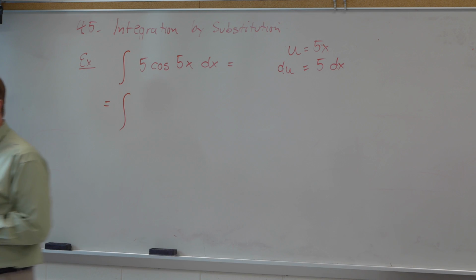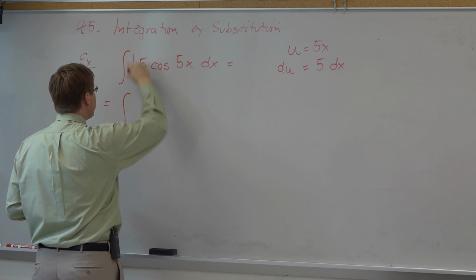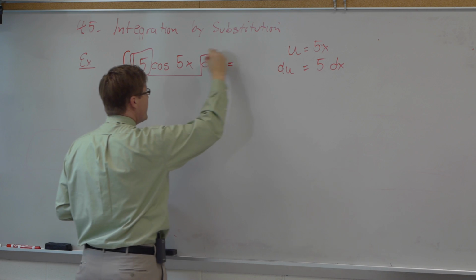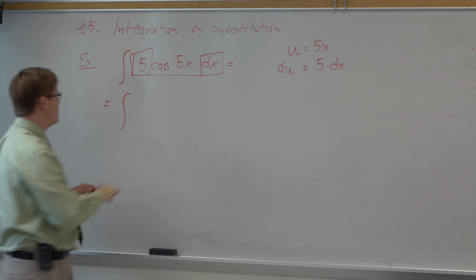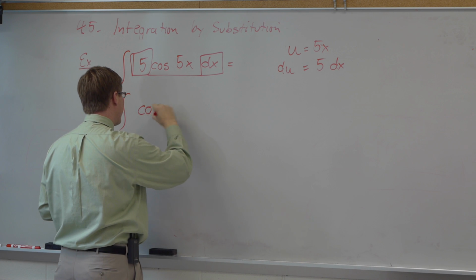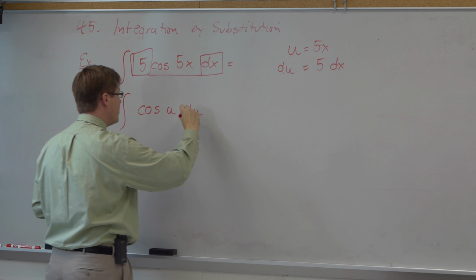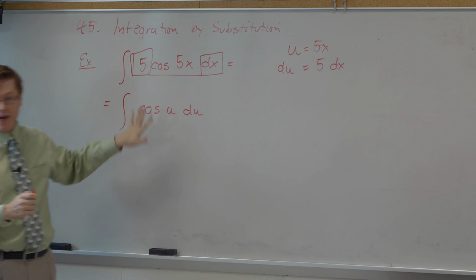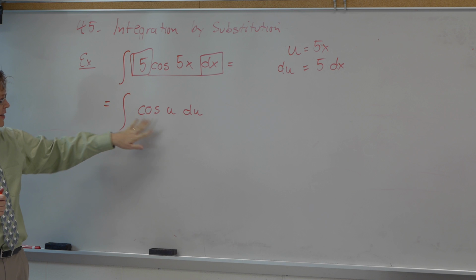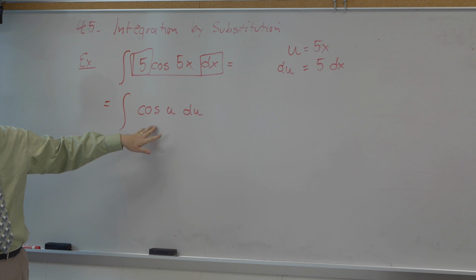Don't forget the dx. So when I do this substitution, the 5 and the dx go together. So this is now the integral of cosine u du. Because your goal, when you do this substitution, is that all the x's have to go away and turn into u's, and it has to be something that you can easily integrate.